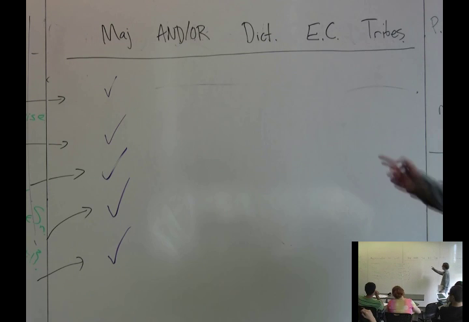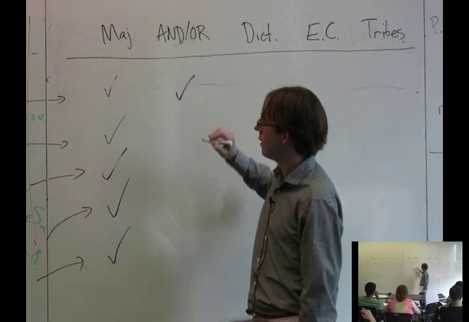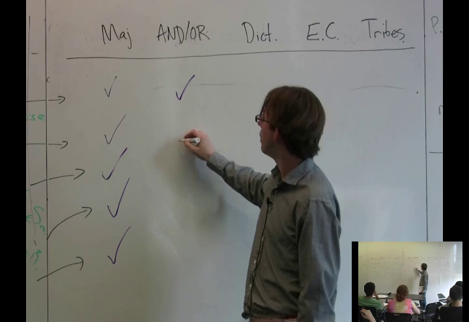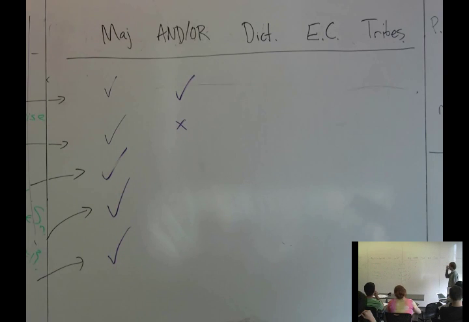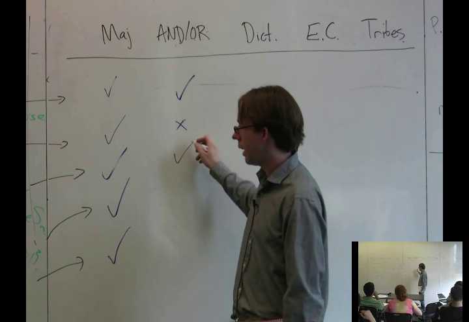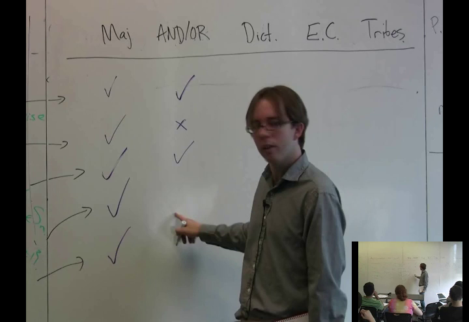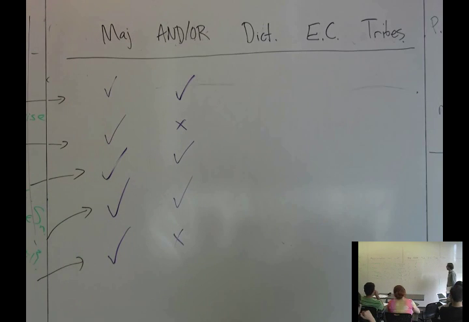Okay, so how about this one? Just shout them out. Is it monotone? Yes. Is it odd? No. It's definitely not symmetric with respect to the names of the candidates, true and false. Symmetric? Yep. And unanimous? Yep. And it's not unbiased. Okay.